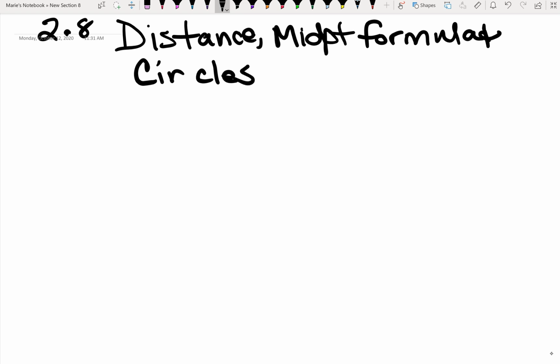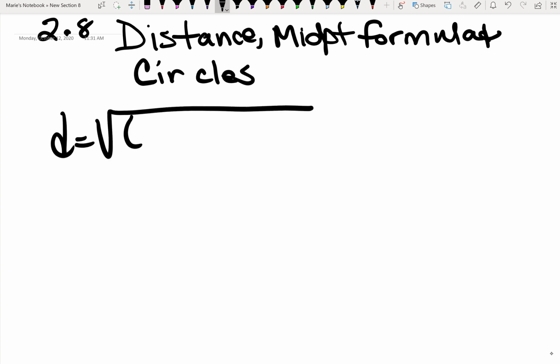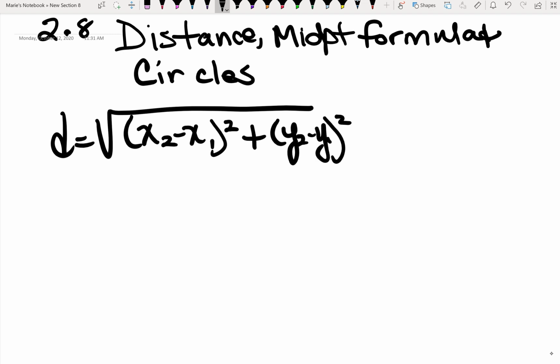So we begin with the distance formula, where the distance formula is simply the square root of x2 minus x1 squared plus y2 minus y1 squared. And so in example 1, they simply give you the directive.